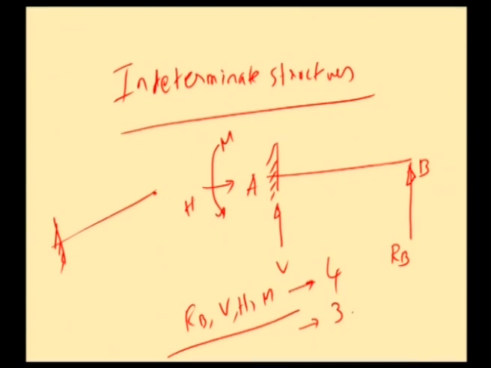This we call the degree of redundancy, Dr. We can define the degree of redundancy as NR minus CE, number of reactions minus conditions of equilibrium. The number of reactions in this propped cantilever example is 4 and the conditions of equilibrium is 3. Therefore, the degree of redundancy of a propped cantilever is 1.